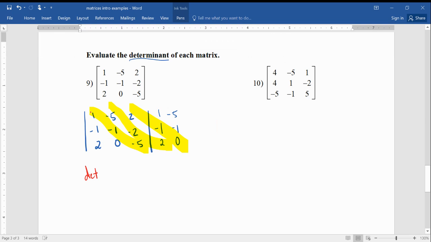All right, so let's multiply these. So that's 1 times -1 times -5. That's a positive 5, right? Plus, we're going to add to it the product of the next diagonal. So -5 times -2 is 10, times 2 is 20.